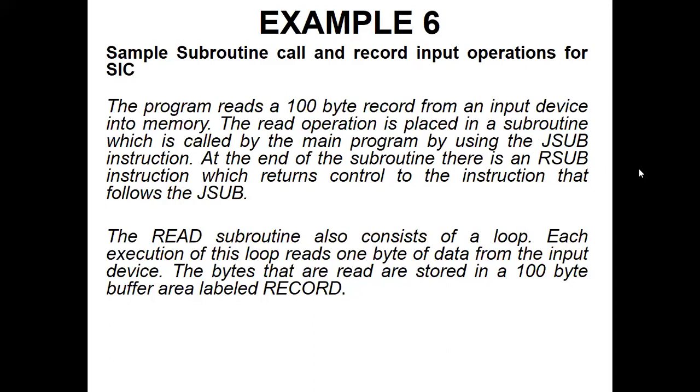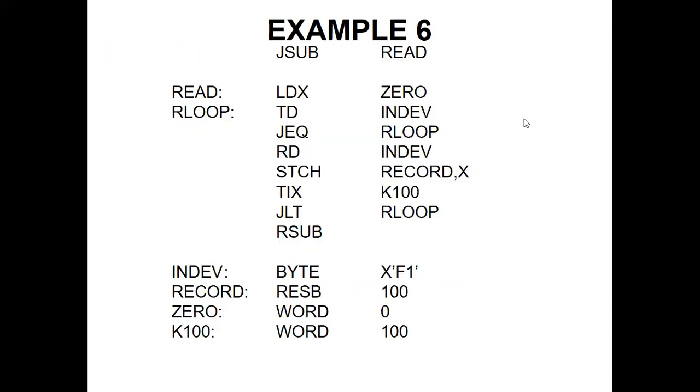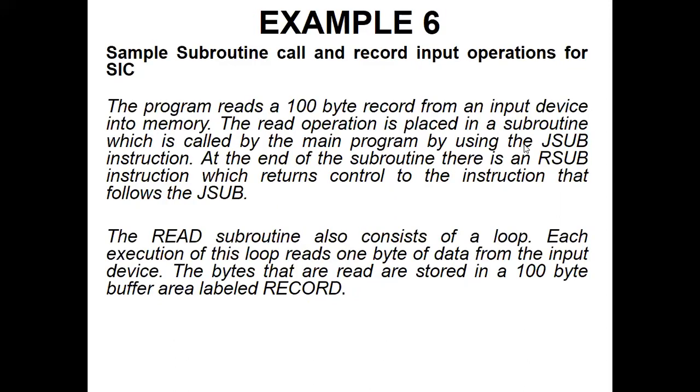Okay, so the read subroutine has a loop, because you remember we said that every character you read, you have to test again. So there is that loop there. First, the loop which tests, and then there is a loop which is writing the 100 bytes.